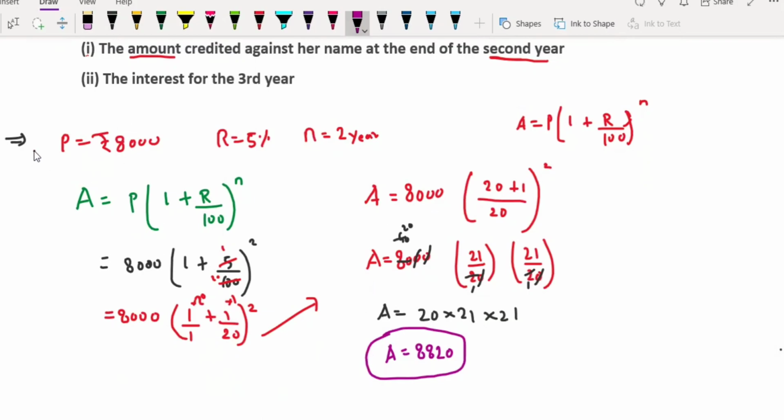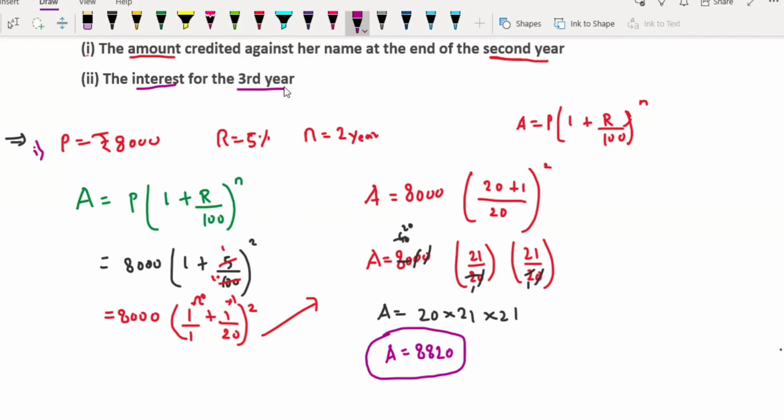As you can see, in the second part they're asking you to find just the interest for the third year. When you use the compounded annually formula and substitute the n value as 3, you are calculating interest for the 3 years. But in the second question, they are saying to find only the interest for the third year.